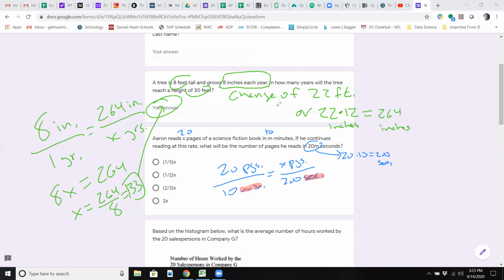We know these ratios have to be equal in value, so it might be best to convert one of these to seconds. So if I do 20 pages over 600 seconds, because 10 times 60, and x pages over 200 seconds, if I cross multiply, I get 4,000 equals 600x.